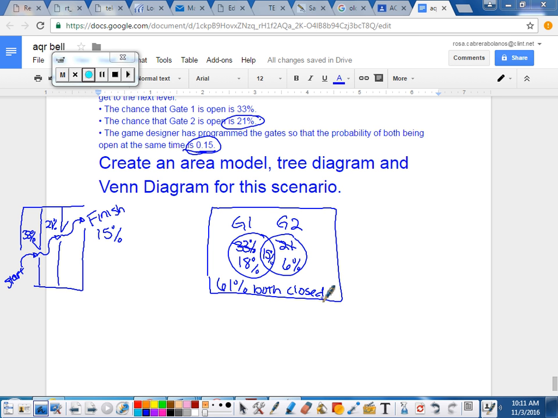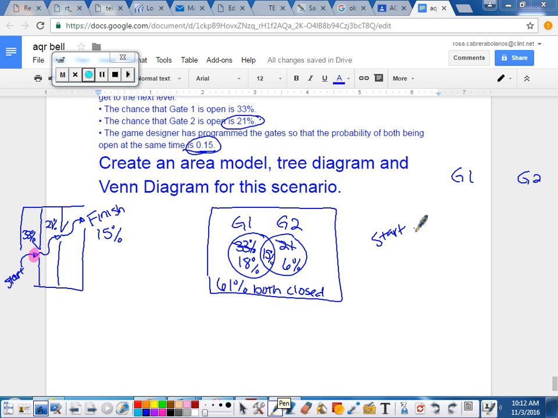Now, once you have your Venn diagram, it's a little bit easier for you to make your tree diagram because the numbers are going to pretty much come from here. So, you have a starting point, and then you have gate 1 and you have gate 2. Now, once I arrive at this part of my game, what are the two options that I'm going to have? The gate is either going to be what or what? Open or closed.